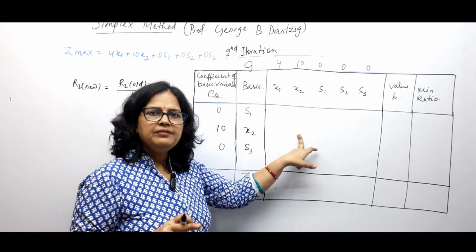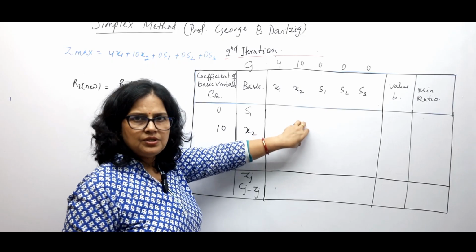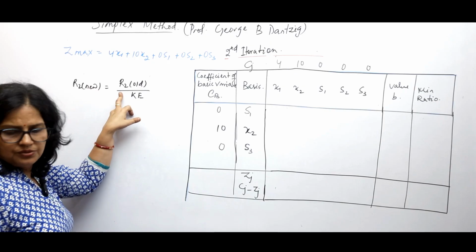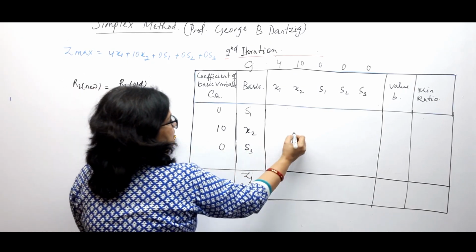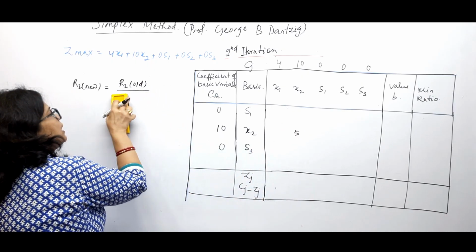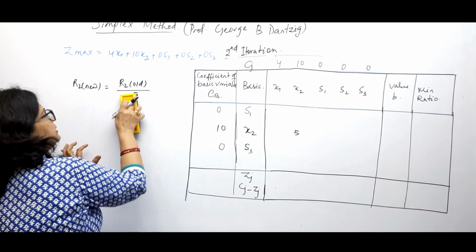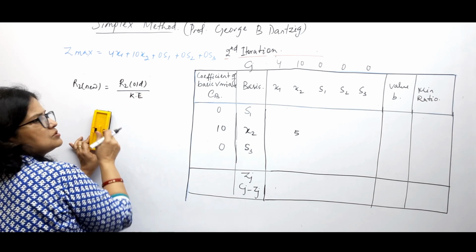So 5 divided by 5 equal to 1. So we can divide R2 old, here we are having 5. So R2 old divided by 5, or R2 old divided by key element, because our key element is also 5.